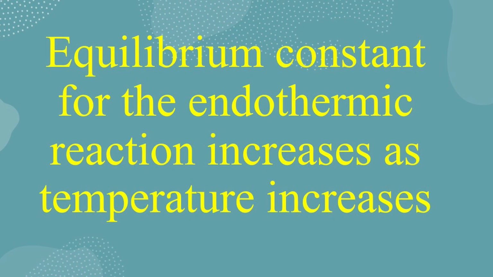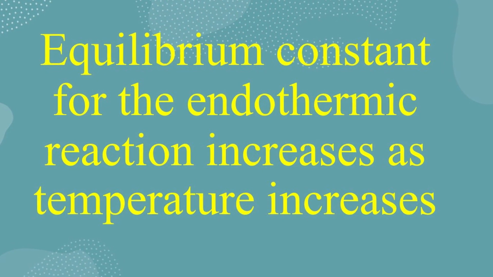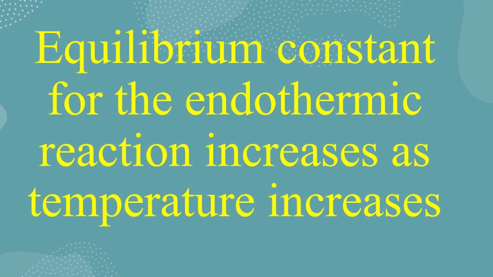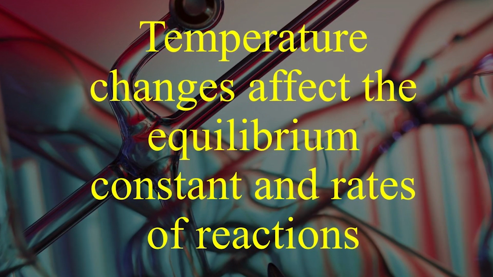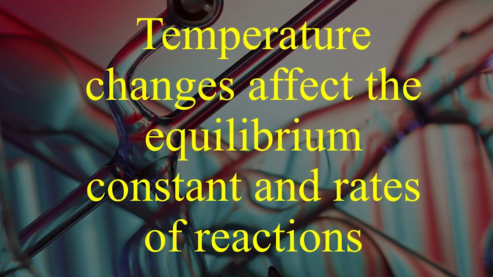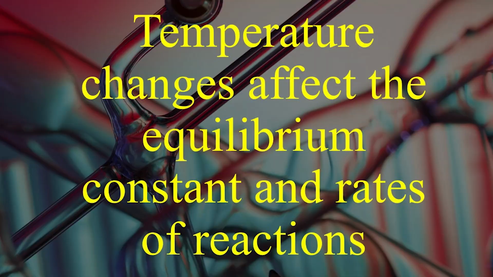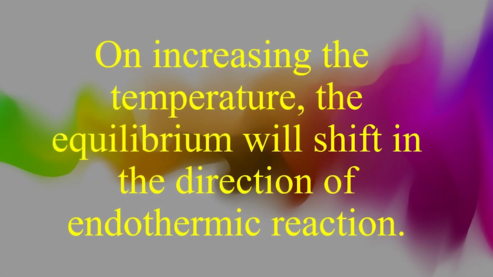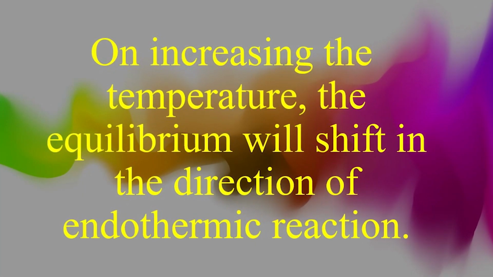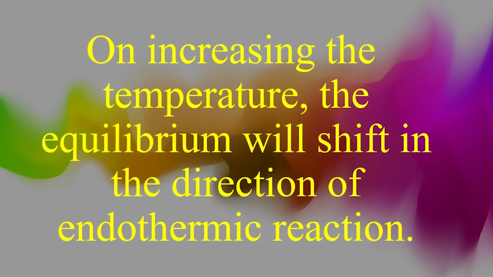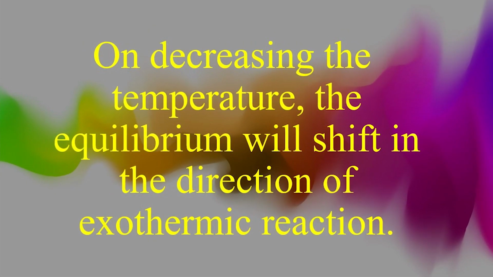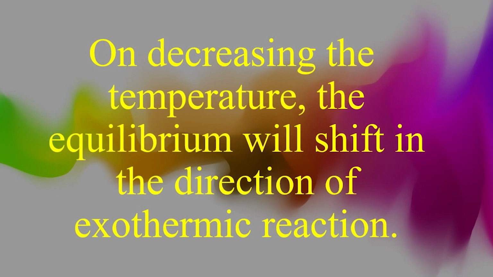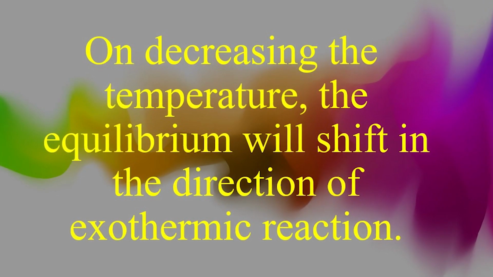The equilibrium constant for an endothermic reaction, that is having positive delta H, increases as the temperature increases. From this, we can find out the effect of temperature. Temperature changes affect the equilibrium constant and the rate of reaction. On increasing the temperature, the equilibrium shifts in the direction of the endothermic reaction. On decreasing the temperature, the equilibrium shifts in the direction of the exothermic reaction.